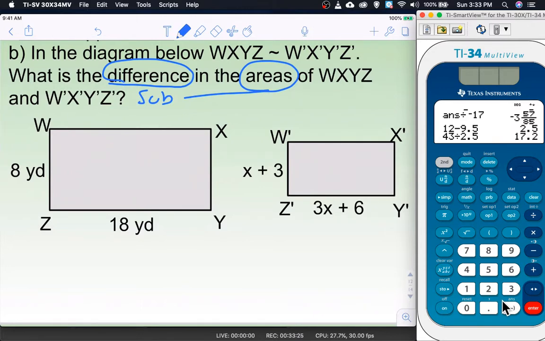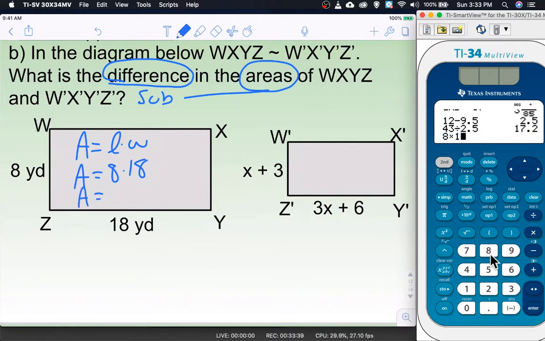Well, let's see. First one, area equals length times width. That's the formula for a rectangle, 8 times 18. Area is 8 times 18, which is 144 yards squared. Cool. I found the area of the first one.